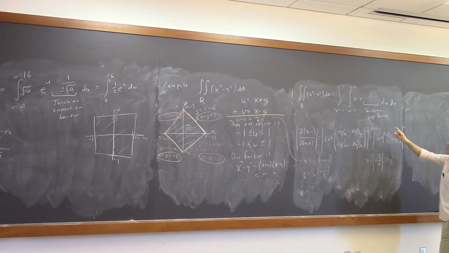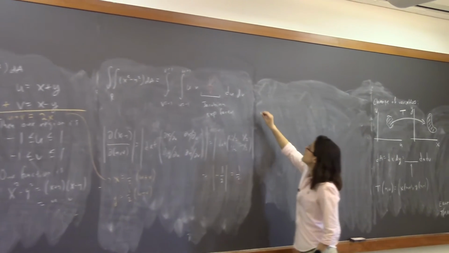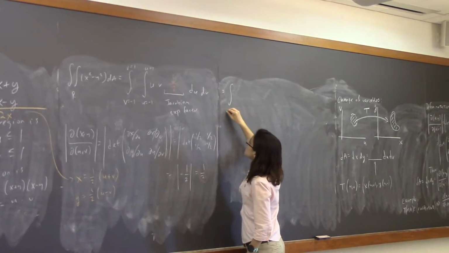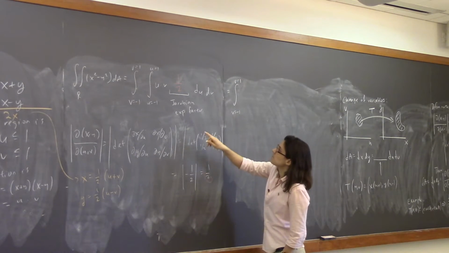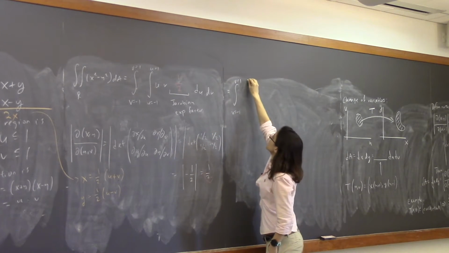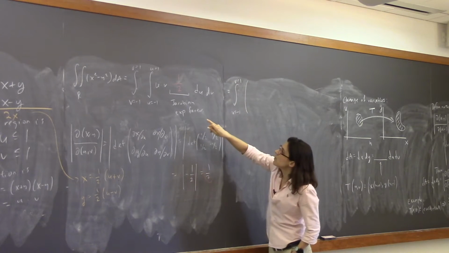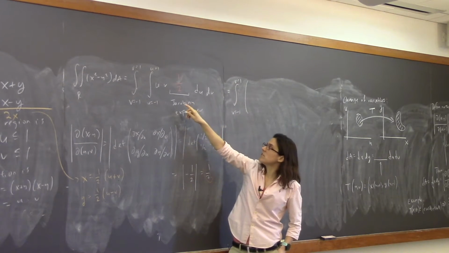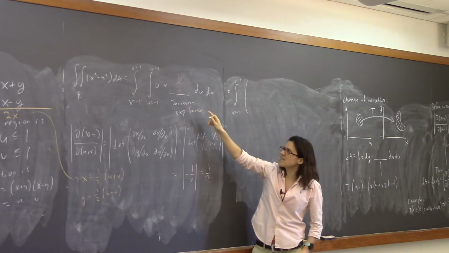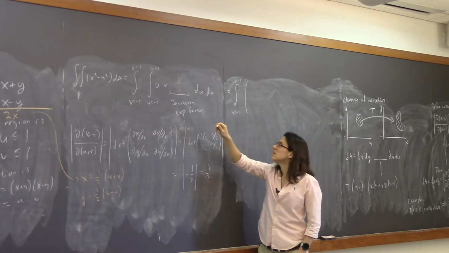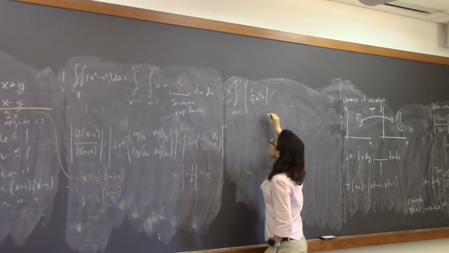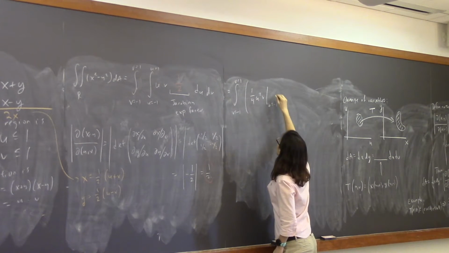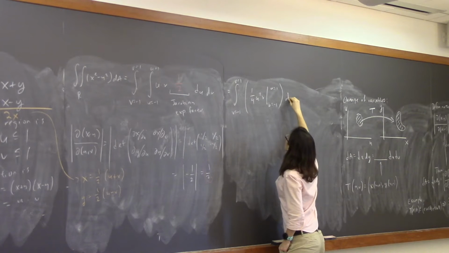Okay, so now we have this thing, and we can do it. So this is the integral from v equals negative 1 to v equals 1 of the integral of 1/2 uv du. Can you figure out what that is? It's 1/4 u squared v from u equals -1 to u equals 1 dv.